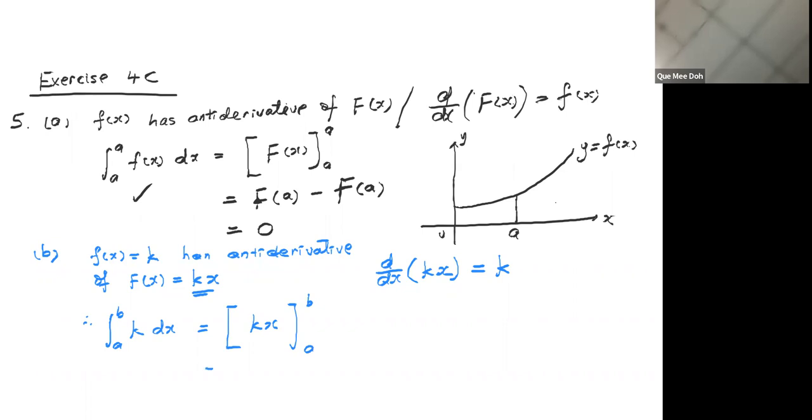So according to my rule, I have to sub the x with b, take away sub the x with a. Am I right? So you see here, you have the common factor of k, am I right? So can I factorize it? And I prove. Done. Are you okay? Can I move on?